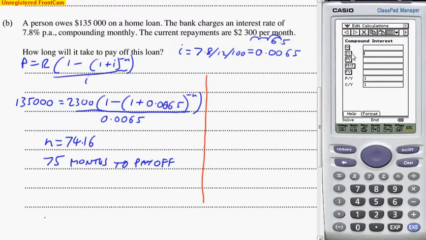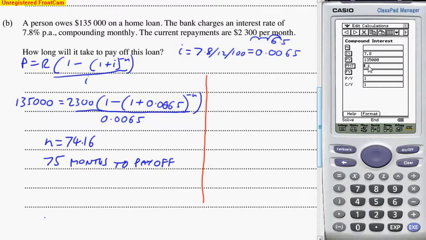I is the interest rate. In this one you just put in the nominal per annum, which is the 7.8. PV is the starting amount, or the principal value, and in this case it's 135,000. It goes in as a positive because it's not your money, you owe that money.